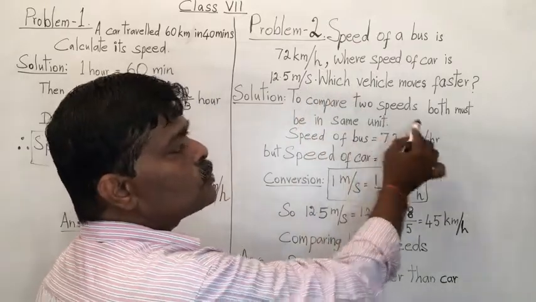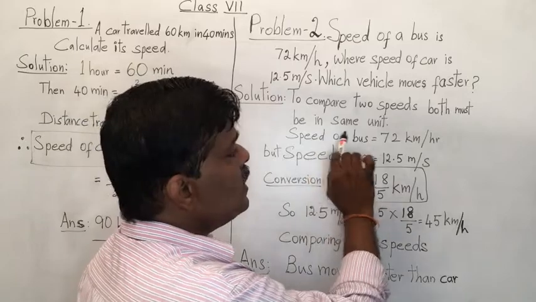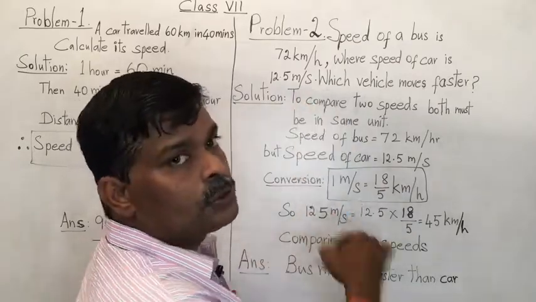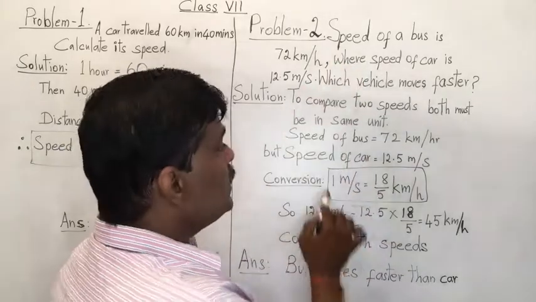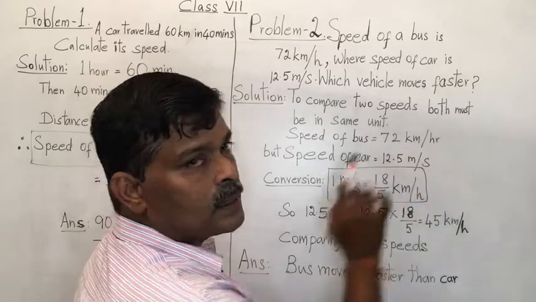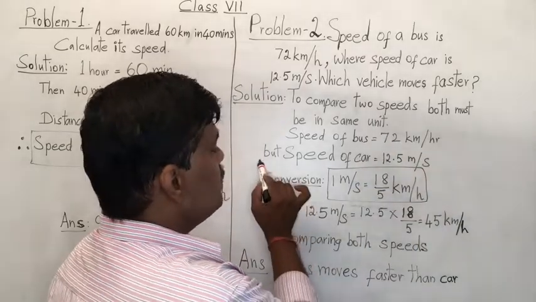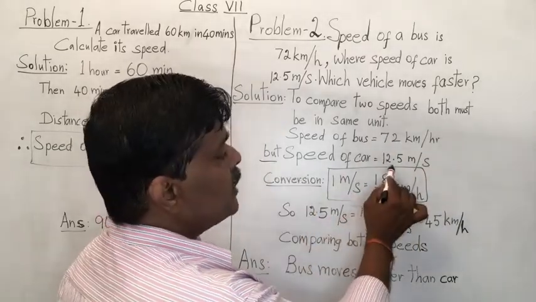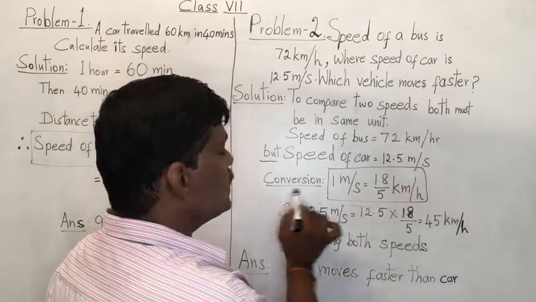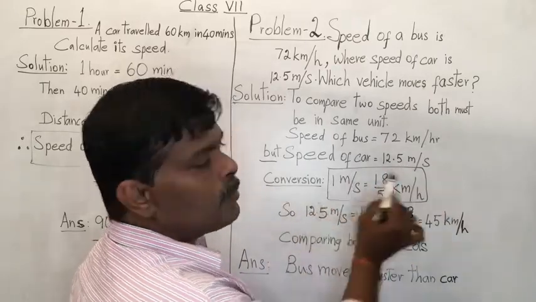Both must be in the same unit. So we convert the car speed from meter per second to kilometer per hour.